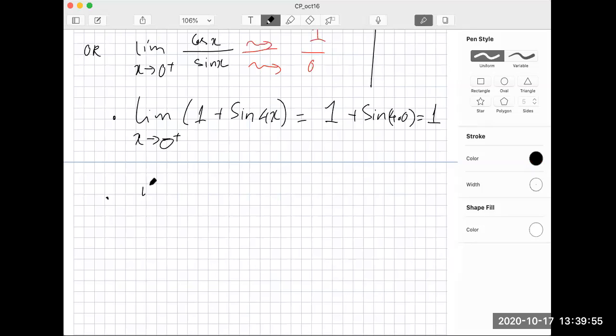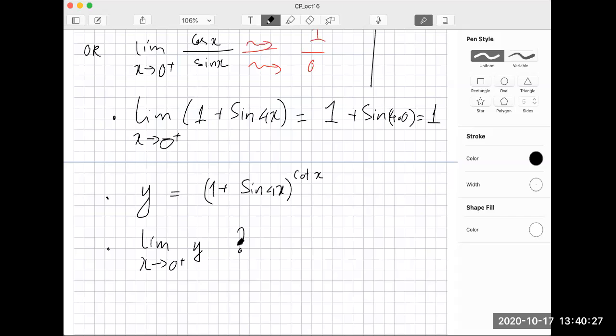If we define y to be 1 plus sine of 4x raised to the power of cotangent x, the question would be, how can we compute the limit of y, right? This is what we need to do. The same, we just replace it.